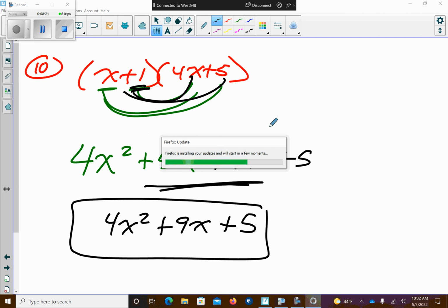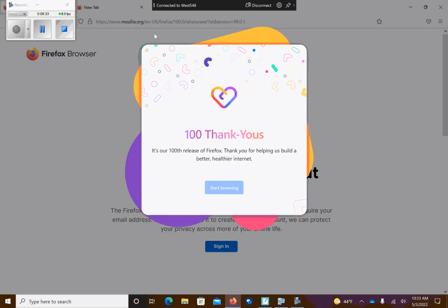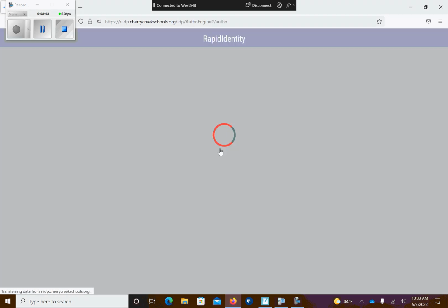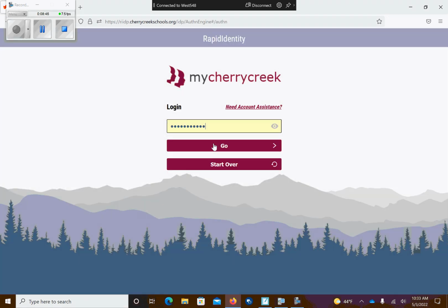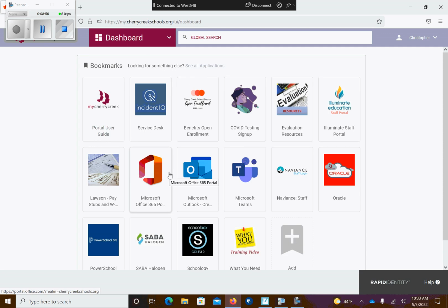One 195. There we go. Start browsing. Okay. Can you show me your page 195 real quick? Let's hold that up.